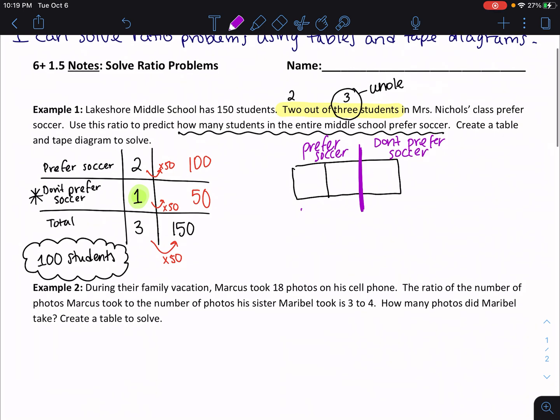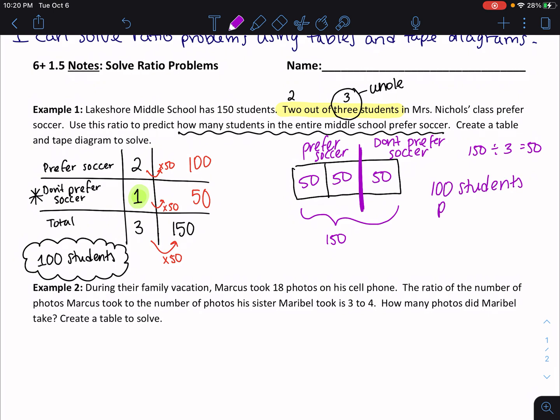And then the entire school is 150. So again, we're here at 150 divided by 3 puts 50 in each box. And just like we found in the table, 100 students prefer soccer.